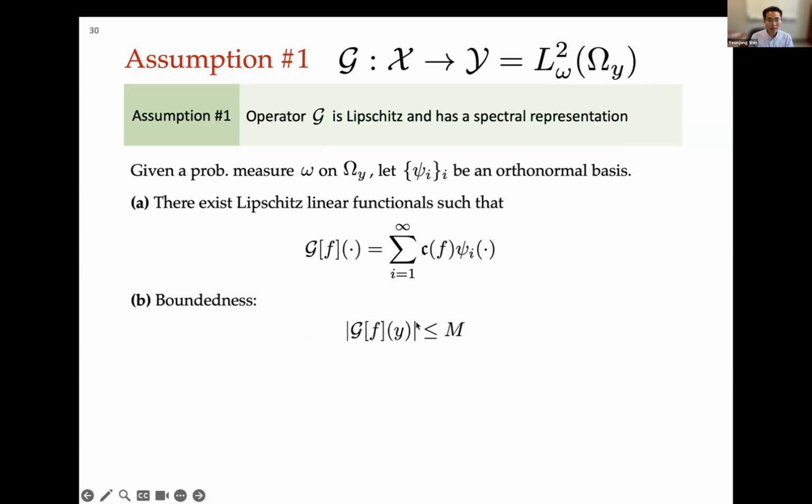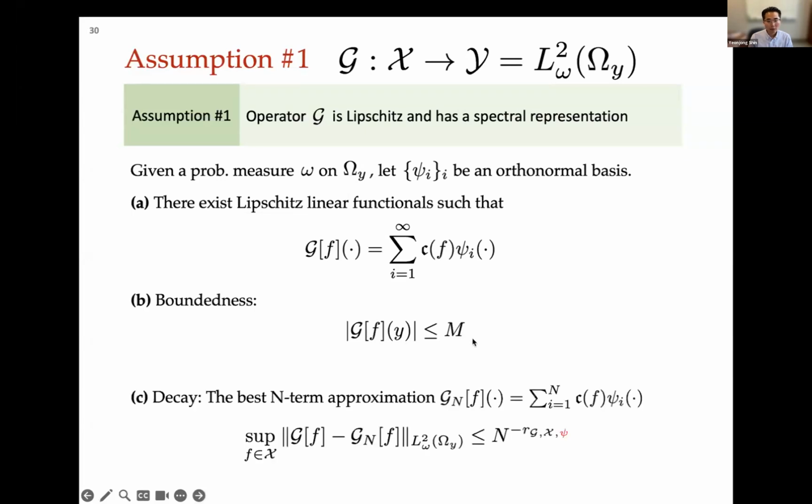The second assumption is boundedness. For any f and y, the output should be bounded. The third one is actually quite important. Given this spectral representation, we can consider its best n-term approximation, where we just truncate up to n.